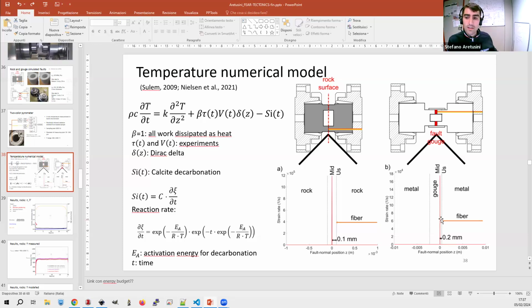So in this case, we assessed this point by forcing localization where we wanted, next to the fiber.